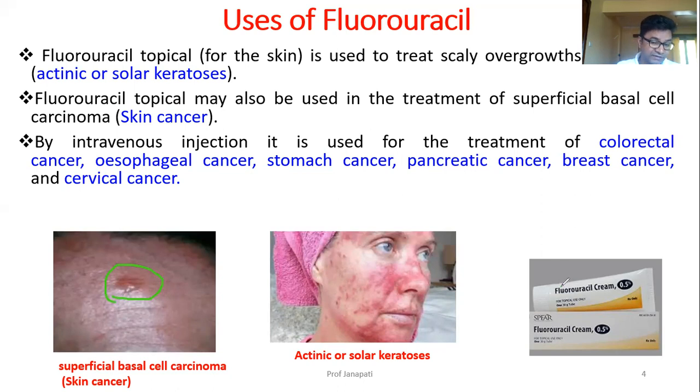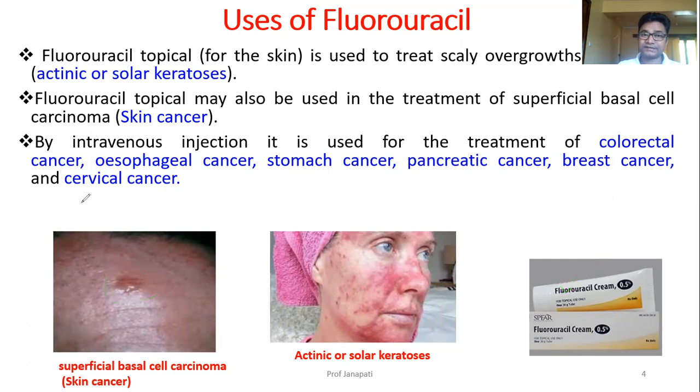It's also available in the form of injection, and in the form of creams for the skin. Apart from skin cancer, it is also used in colorectal cancer, esophageal cancer, stomach cancer, pancreatic cancer, breast cancer, and cervical cancer. So these are the uses of this drug.